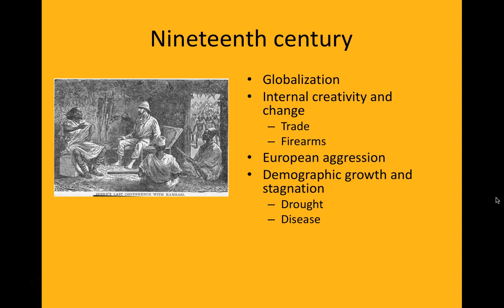But it becomes more apparent to the world because European observers document this, right? So drought and disease definitely has an effect. Some areas of the continent, though, especially those like in West Africa that were benefiting from increased involvement in the globalized trade network, actually grew demographically and economically.